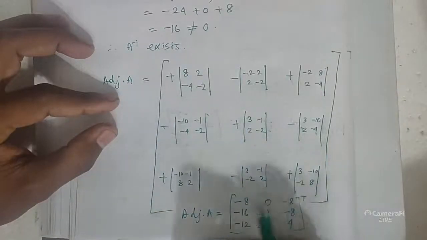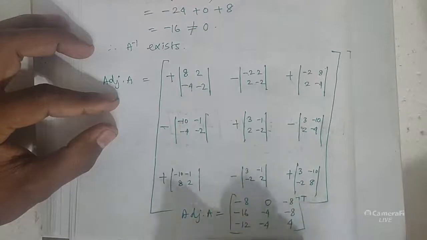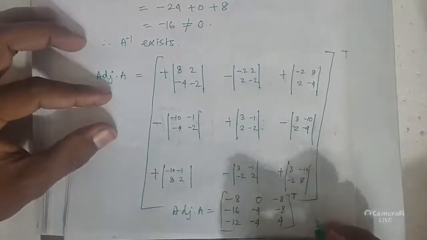Now we have to take transpose of this matrix. So if you take transpose, first row will become first column, second row will become second column, and third row will become third column.